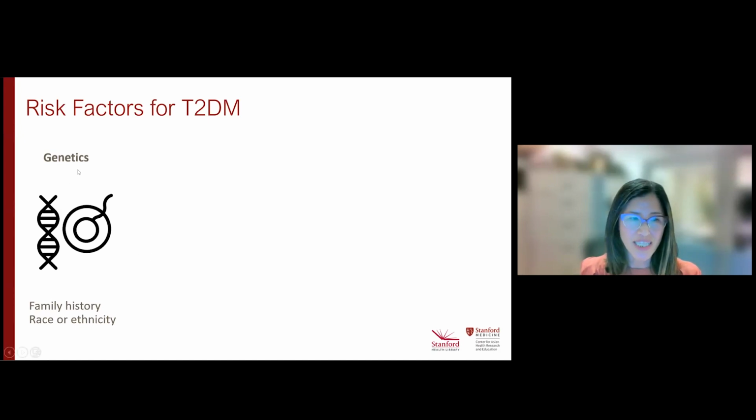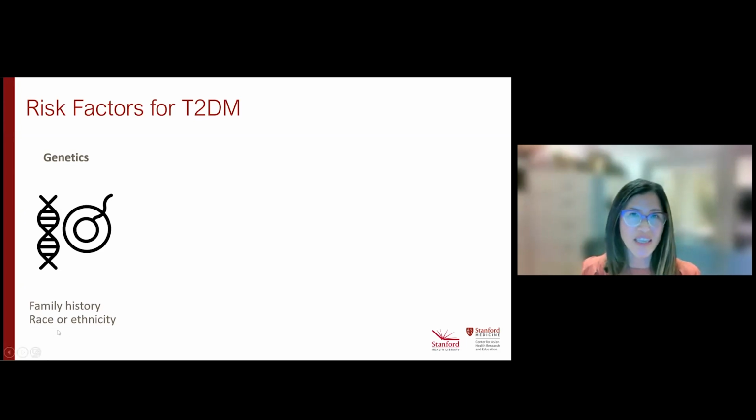So genetics, your family history plays a significant role. And there's a lot of research at Stanford as well as globally to better understand the genetics driving risk for diabetes. Most of the genetic information that we know to date generally refers to a decrease in beta cell function of your pancreas to make insulin.